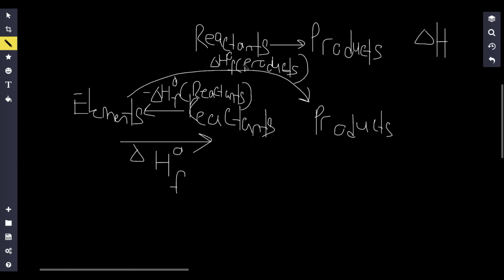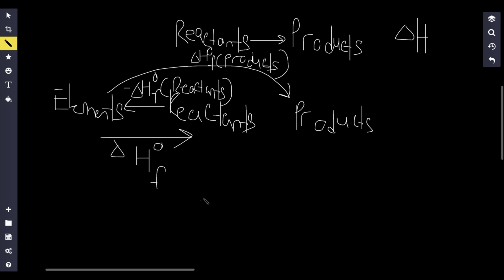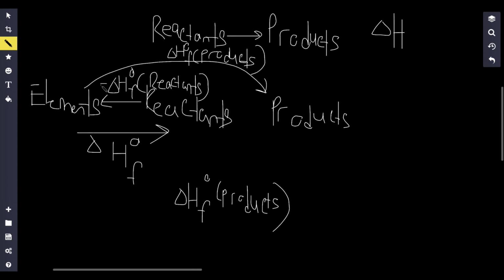So let me just write all of this down. I know that I have my enthalpy change of formation for my products, right? And I also have the enthalpy change of formation for my reactants, but it's negative because we're undoing that. We're turning our reactants back into their individual elements.